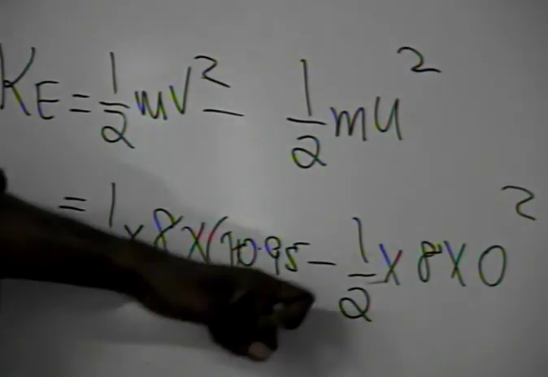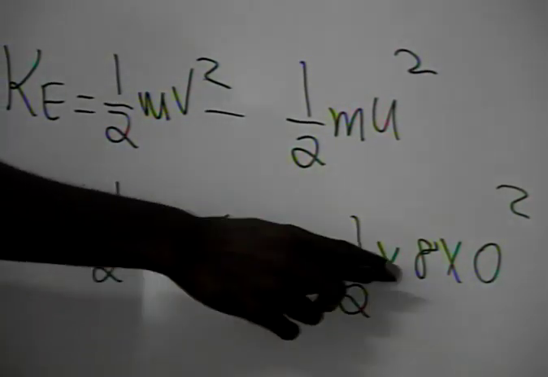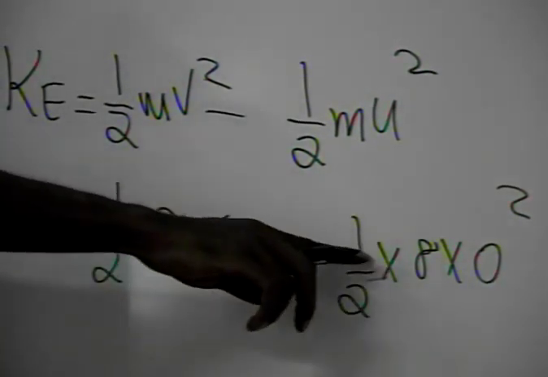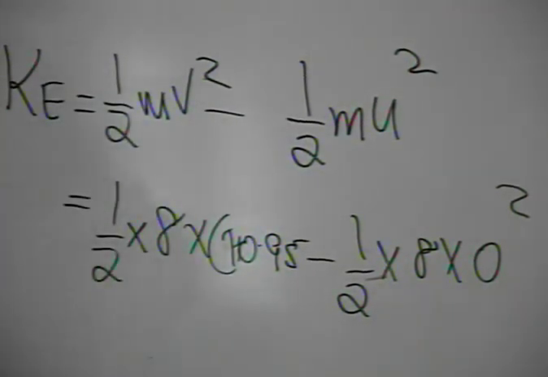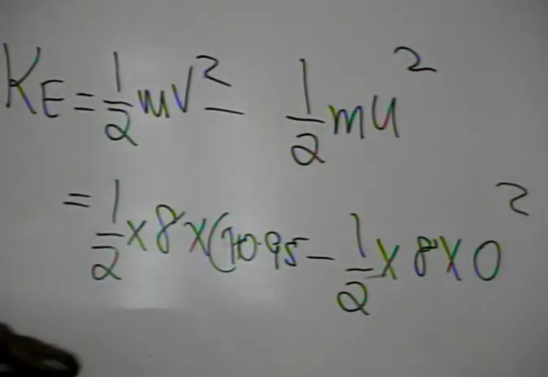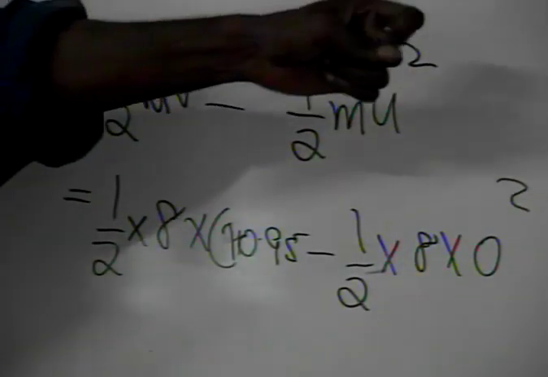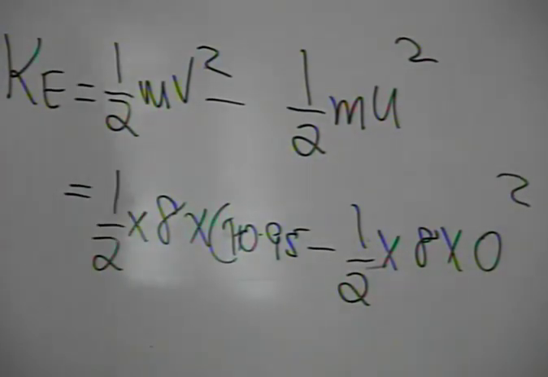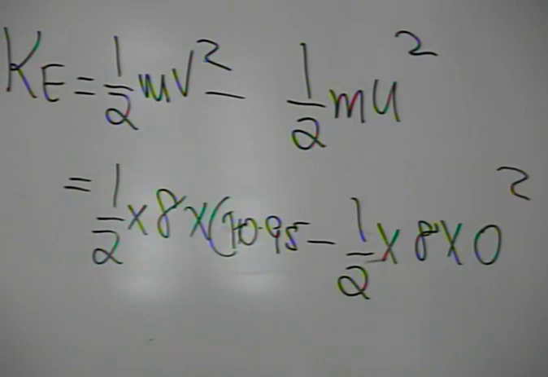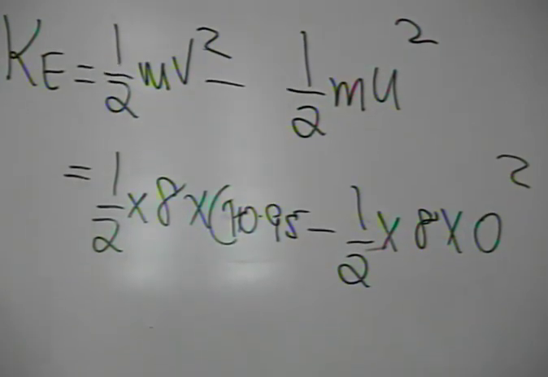Because it started from rest, that is why u is 0. So 480 minus 0 will be 480. So after 10 meters, 480 joules of work has been done. Okay, so that is the answer to the last question.